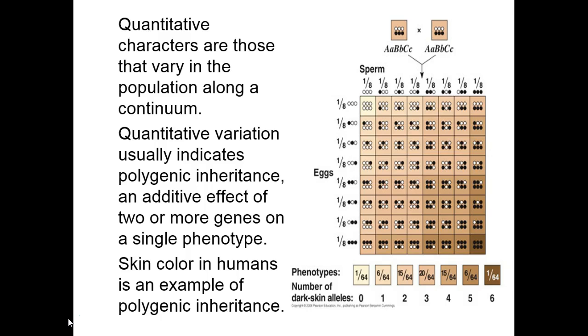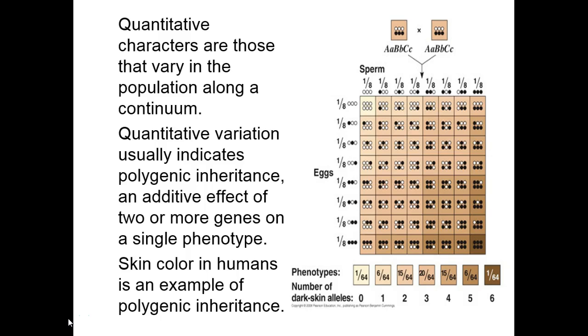And so if you look at these statistics at the very bottom here, the very palest skin colors, 1 in 64, the very darkest, 1 in 64. But as you go toward the middle, they're more likely to be a blend of all of them.